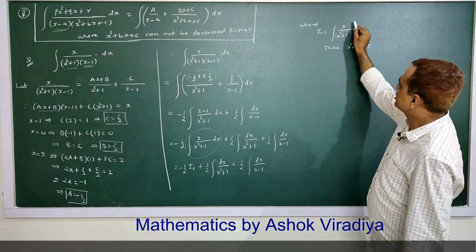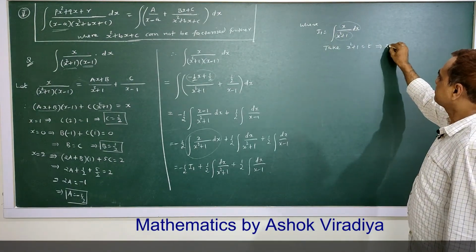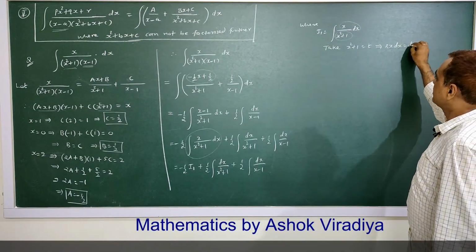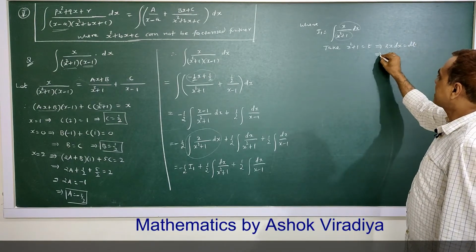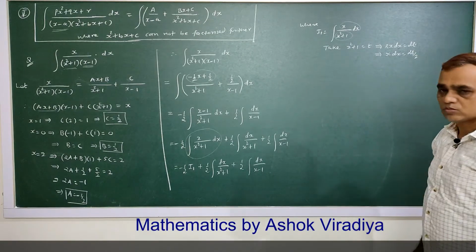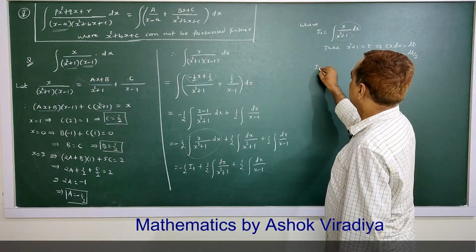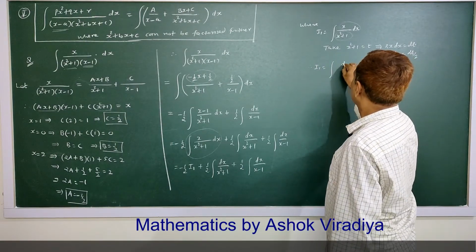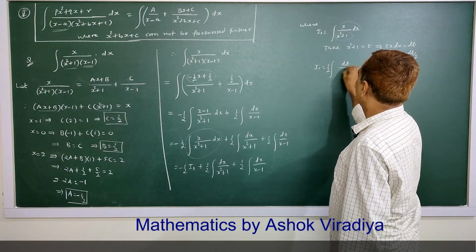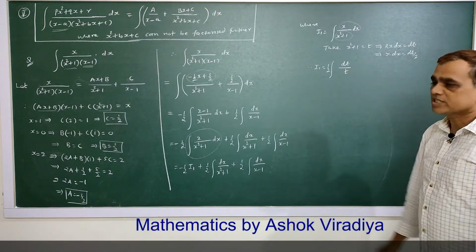Because taking substitute, this can be removed. So 2x dx is equal to dt. So x dx is dt by 2. Therefore I1 is dt by 2 upon x square plus 1 was t.